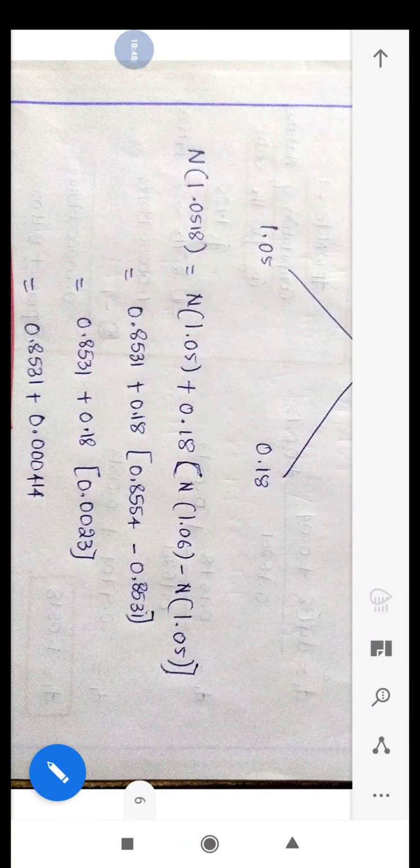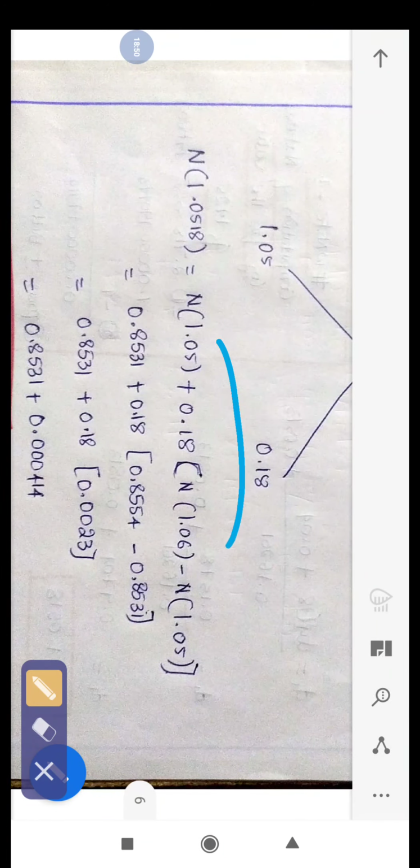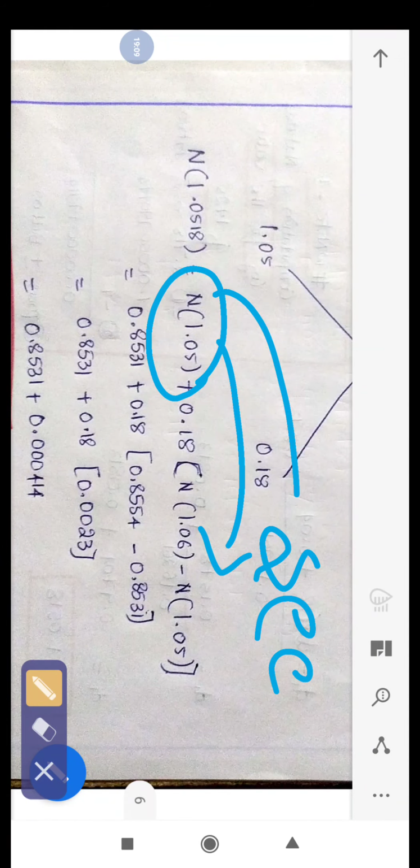So here we have to take the next or the higher number of 1.05. So after 1.05 the number will be 1.06. So for getting the value for 1.05, we have to see the statistical table. So if you see the statistical table, the value will be 0.8531, and for this also you will get the value in the table, that is 0.8554.